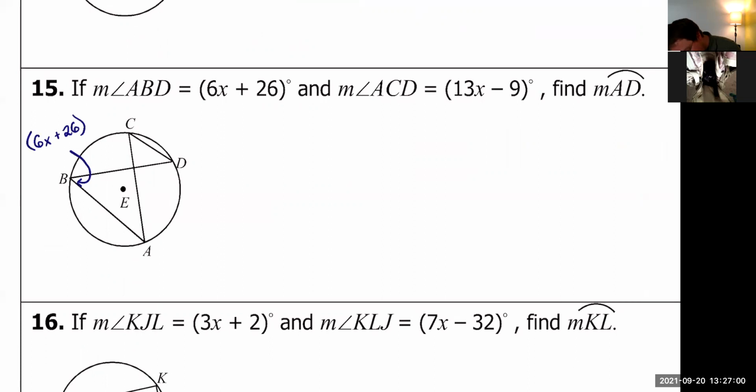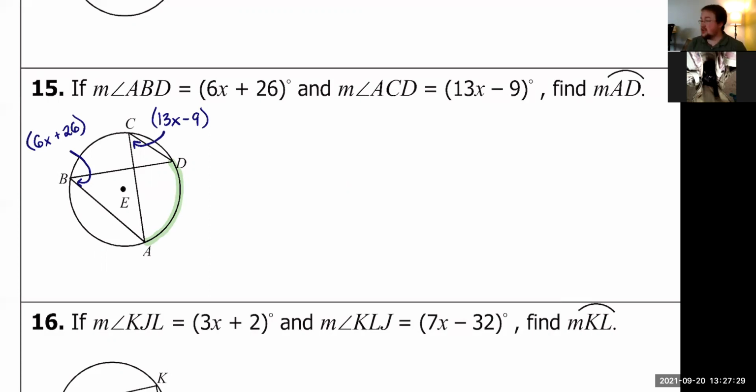We're also given the measure of angle ACD, which is right here, as 13x minus 9. But then it's actually asking me to find the measure of arc AD, which hopefully draws my eye to the relationship that's going on here. That happens to be the arc that both of these angles are intercepting.